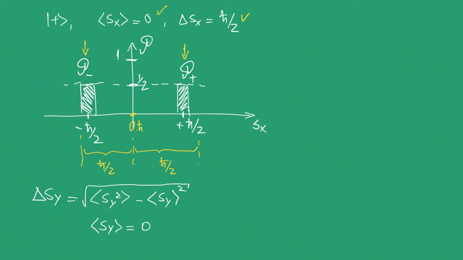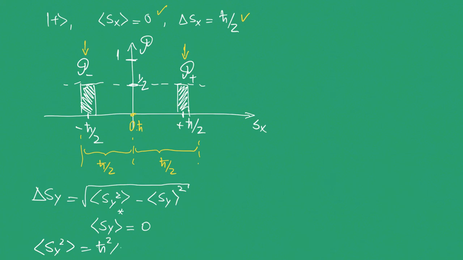If we square that, it keeps being 0. Then we just need to calculate the first term. I'll leave this as an exercise, but if you do it, you'll find exactly what we found for the Sx case: h bar squared over 4.